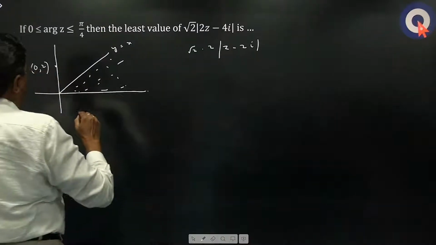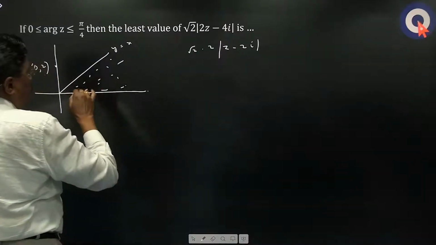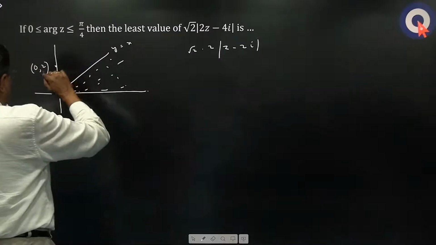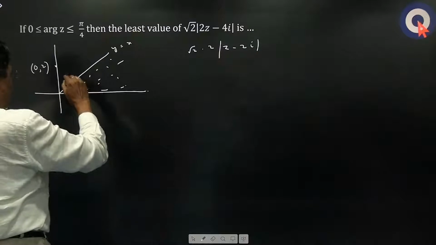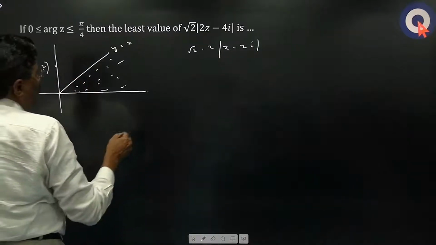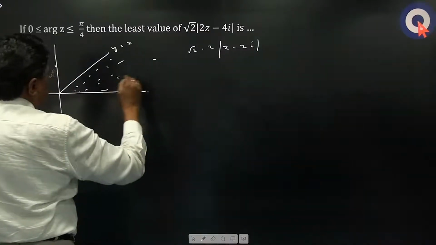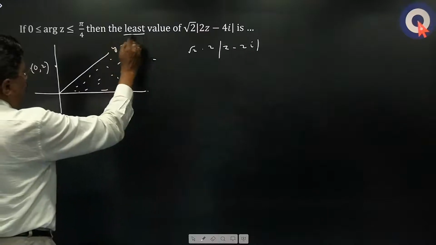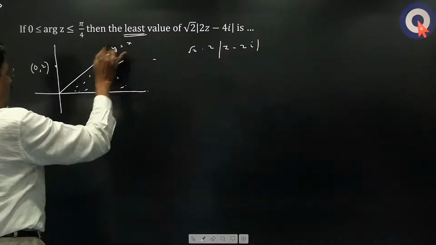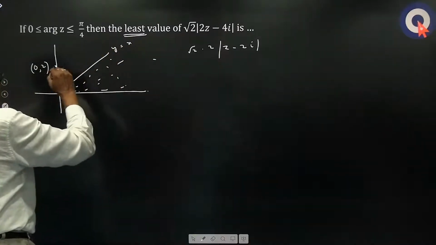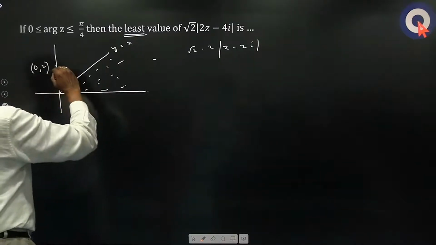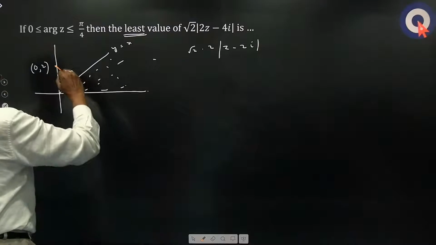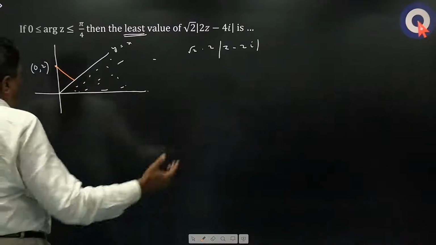The distance between 0 comma 2 and z: where z should be so that this distance is least? So z has to be the foot of the perpendicular drawn from the point 0 comma 2, as simple as that.